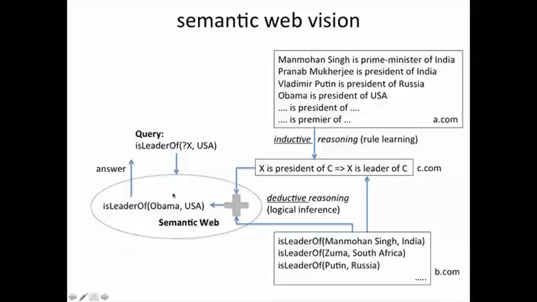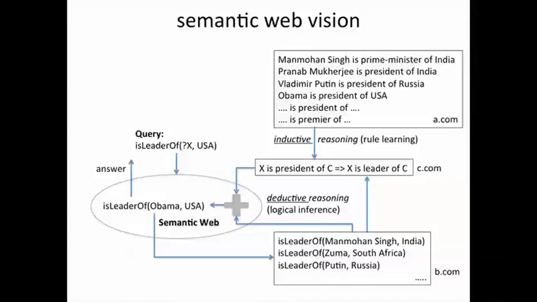Further, this new fact is then added back to the appropriate part of the semantic web dealing with facts of this nature. Now, this vision was a powerful vision expressed more than a decade ago.